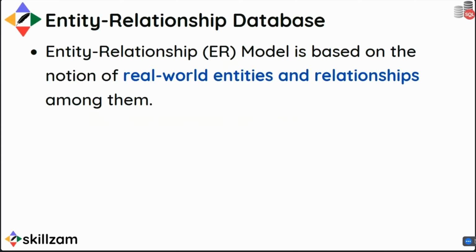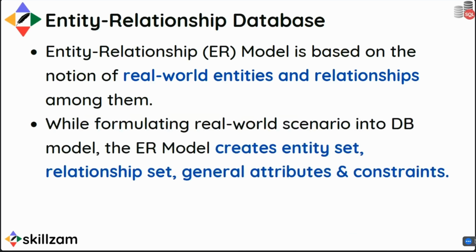And there is an entity relationship database. Again, it is related to entity, attribute, and relationship. It replicates real world scenarios. Like a customer might have a customer ID, customer name, customer address, and all that is related to real life scenarios.